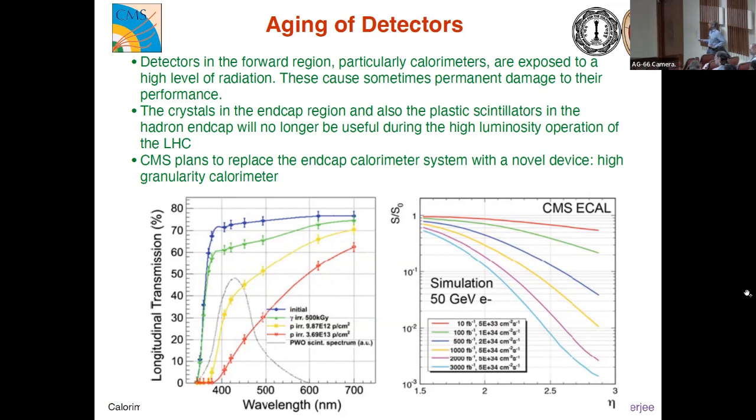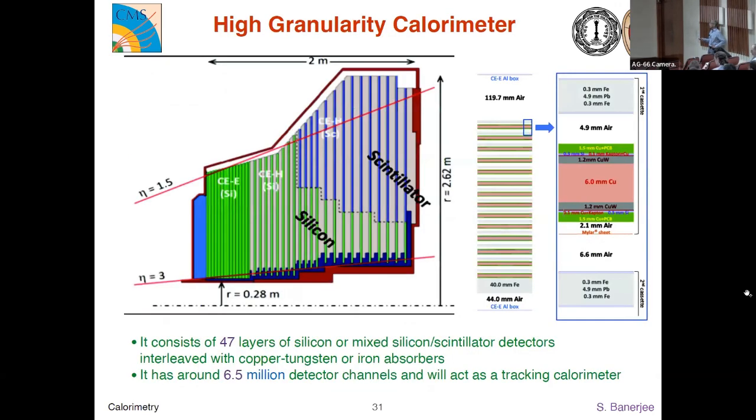We have to replace it by some means, particularly in the N-cap. It's not just in the ECAL, we see a similar thing for the hadron calorimeter itself. The hadron calorimeter also sees the aging effect, and it is almost dying as a function of time.